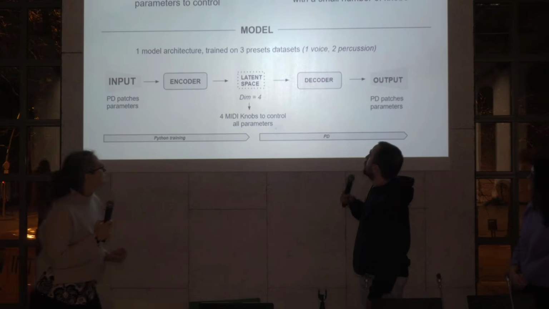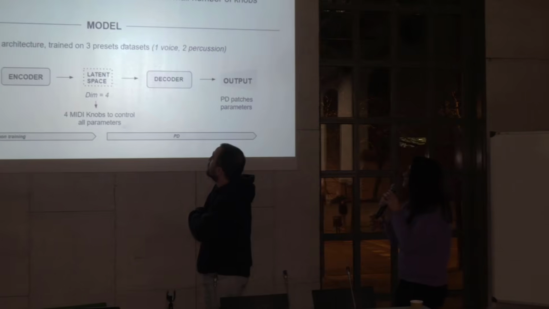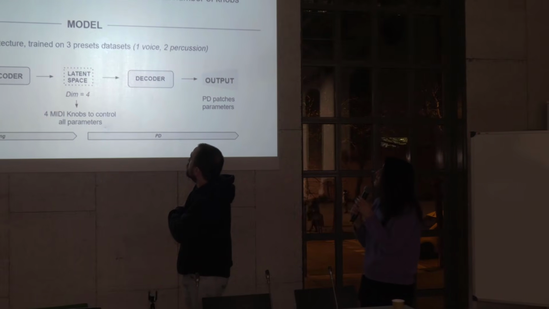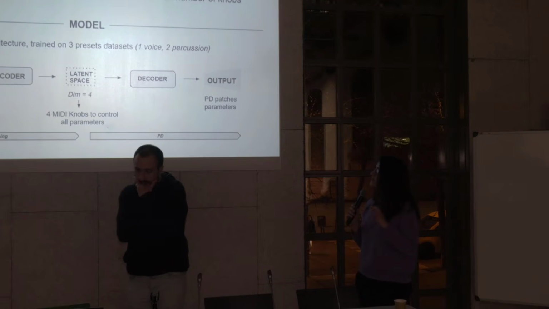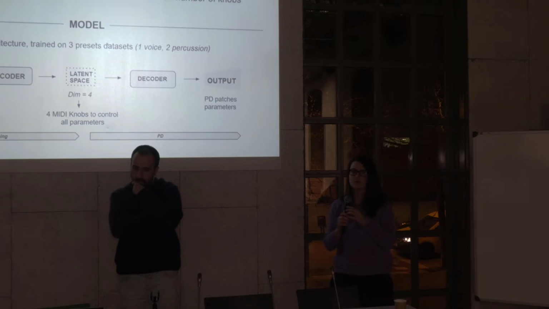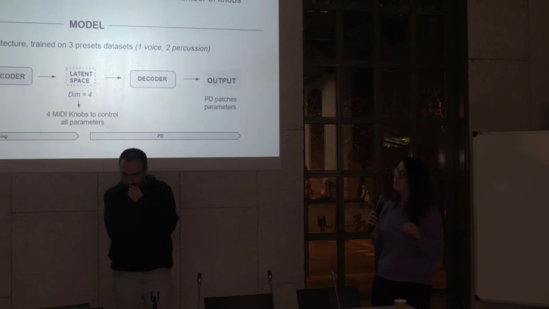And we use autoencoders for control data. Basically, Pure Data patches have tons of parameters to control. So, what if we want to map parameters to control with only 4 knobs?